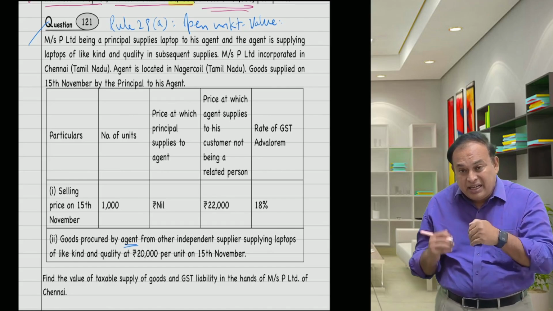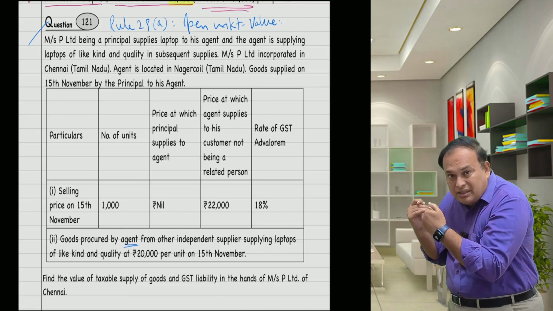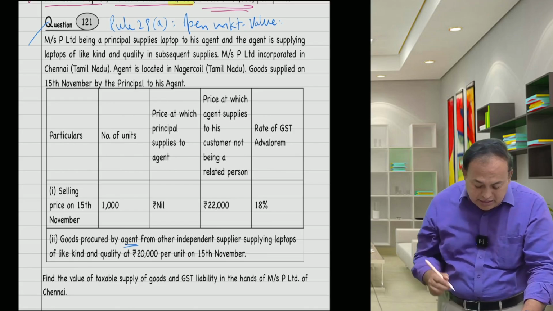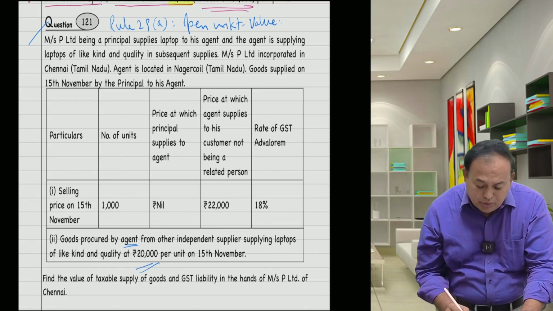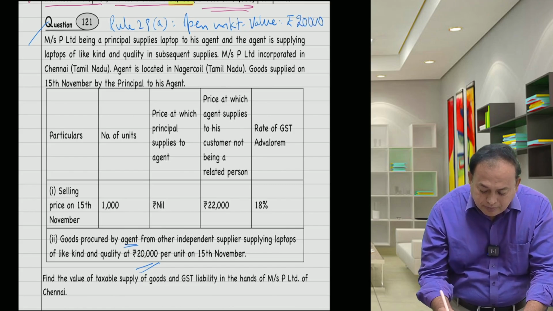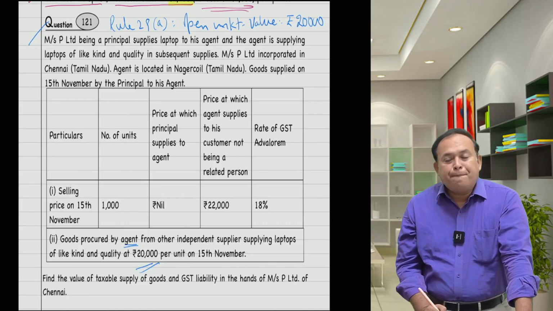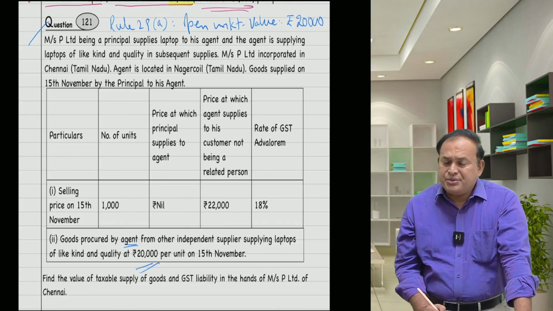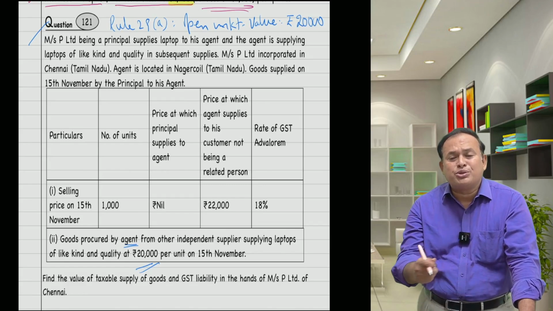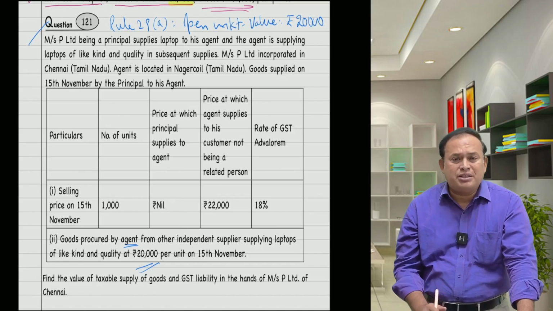Similar goods, the agent will buy from somebody else. That means open market value is available. What is the price at which he buys? 20,000 rupees. So open market value here is 20,000. Or otherwise, the value in the hands of the principal when he supplies the goods to the agent, the same value can be considered open market value.